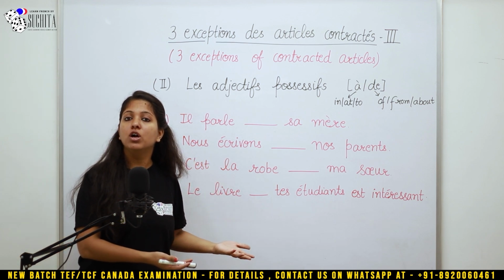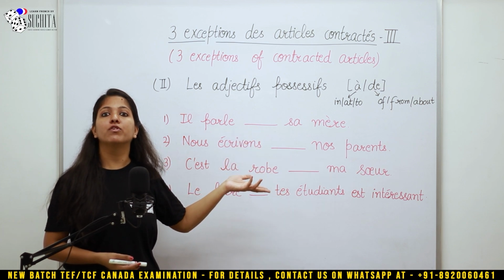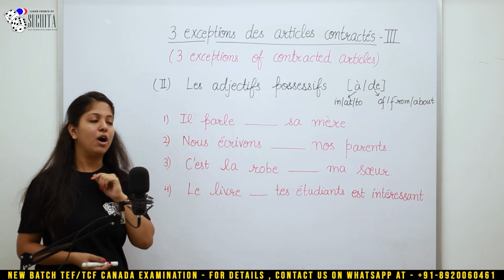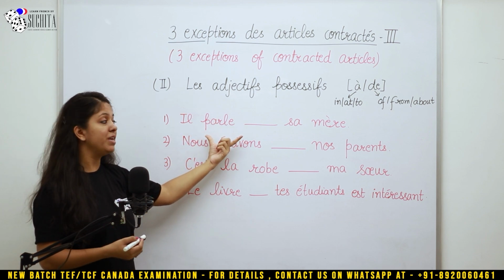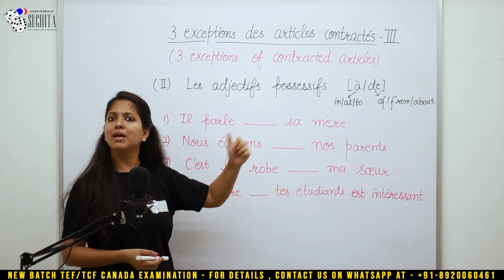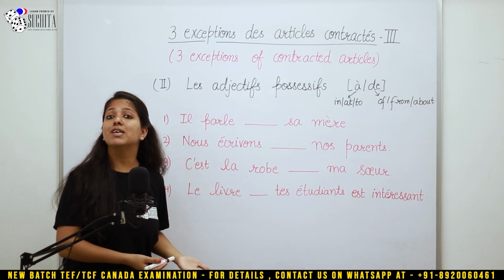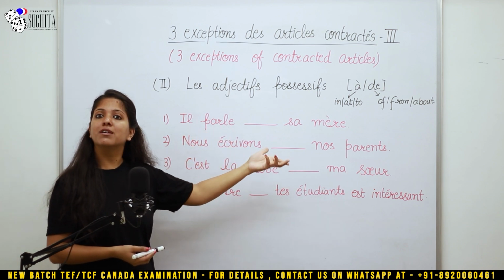If you want to say in, at or to, of course you will say à. If you want to say of, from or about, you will of course say de. Now it happens in English also. How? Il parle, he talks or he speaks, à sa mère. You will say "he speaks to his mother." You will never say "he speaks to the his mother."